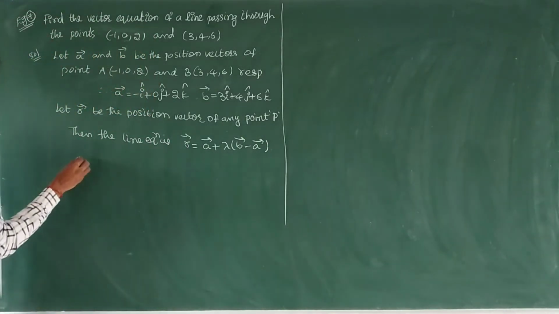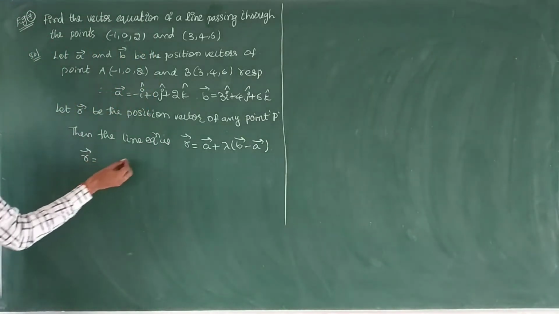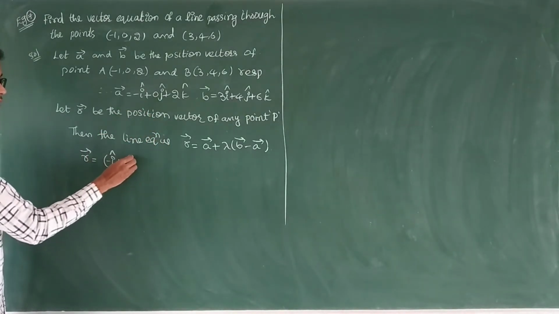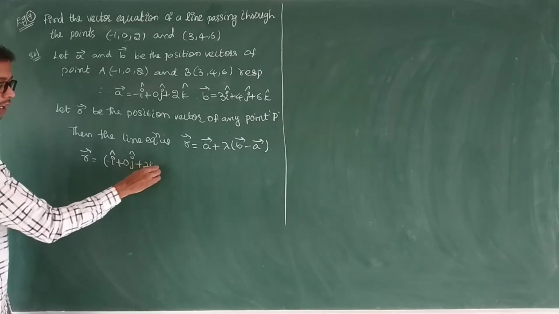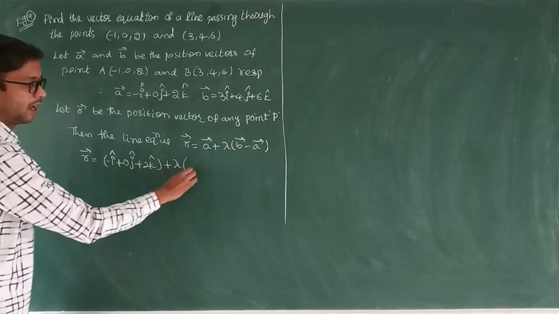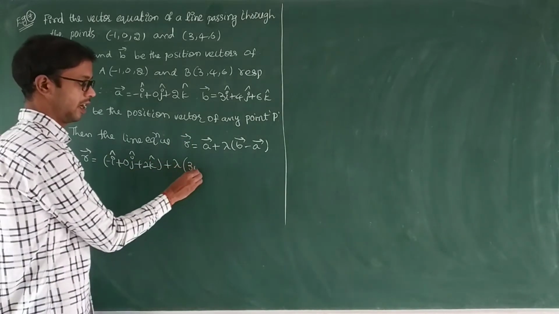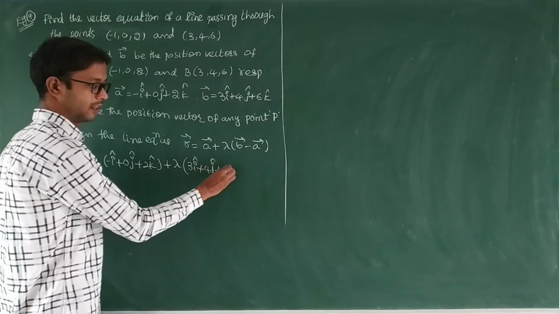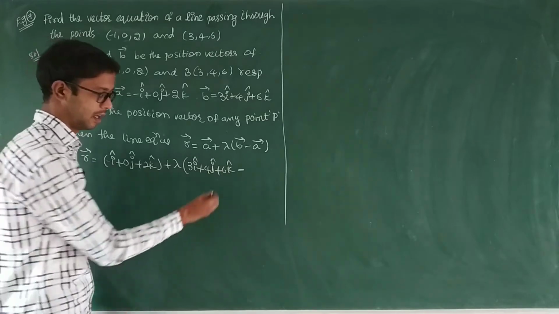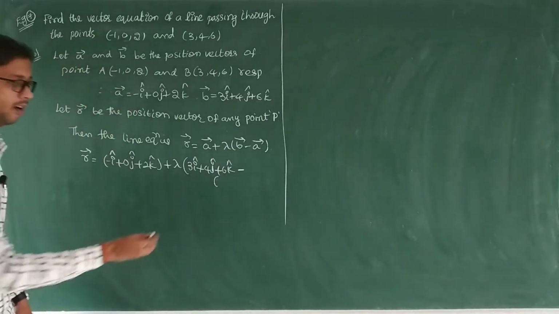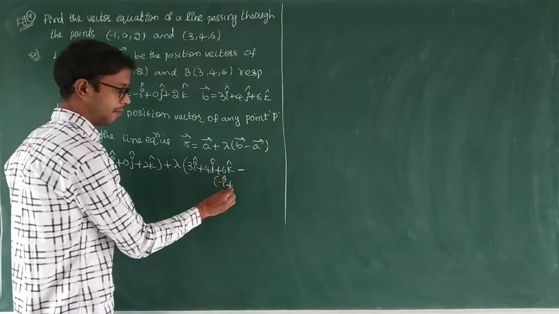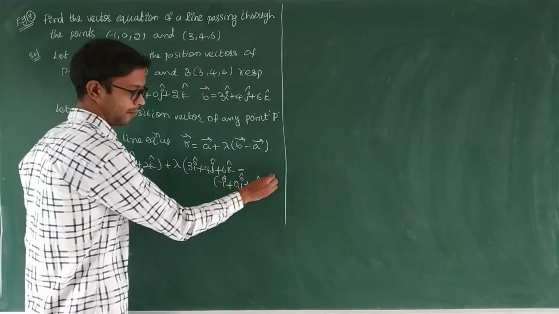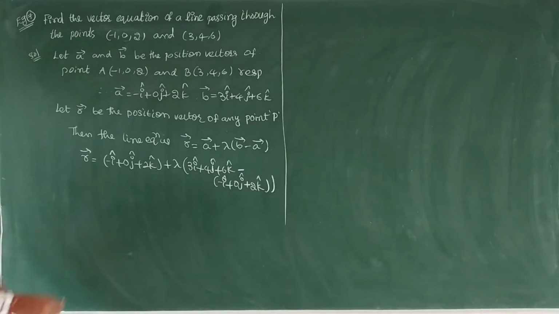Substitute in this one: R bar equal to A bar, minus i cap plus 0 j cap plus 2 k cap, plus lambda into B bar, 3 i cap plus 4 j cap plus 6 k cap, minus of this one, minus i cap plus 0 j cap plus 2 k cap. So now simplify this one.